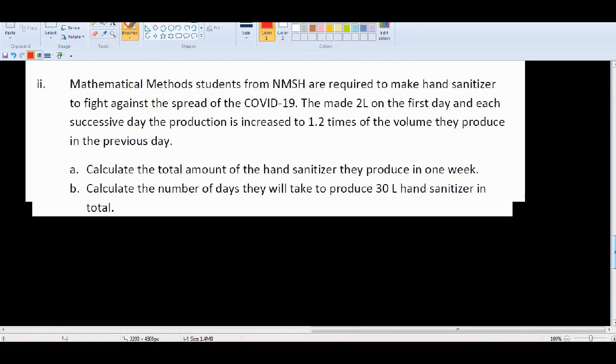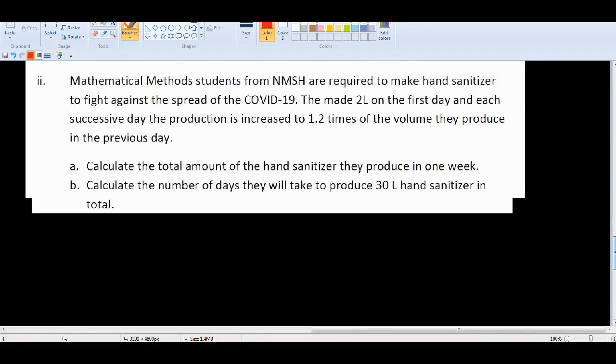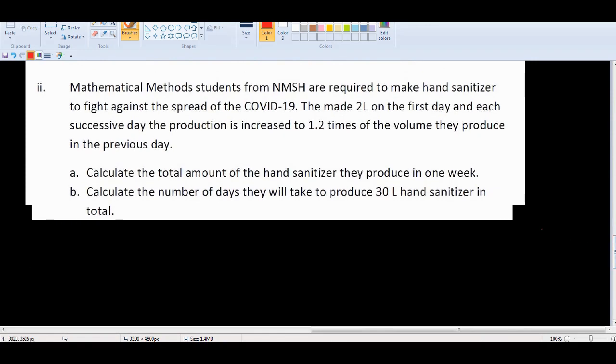Okay, so let's see the last one. This is the last question, which I think should be complex in terms of level. Mathematical methods students for North Mackay State High are required to make hand sanitizer to fight against the spread of COVID-19. Yeah, that's such a good question for current circumstances, right?